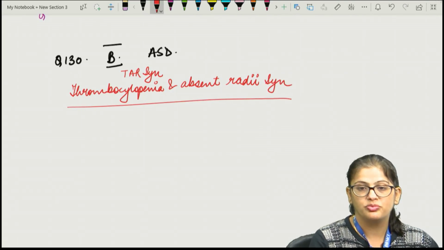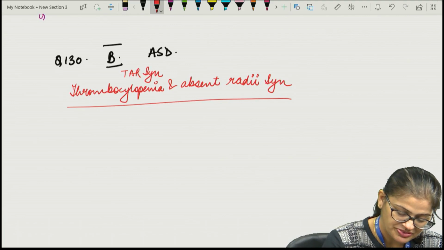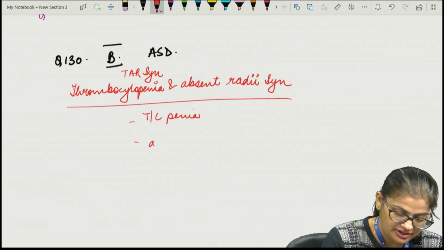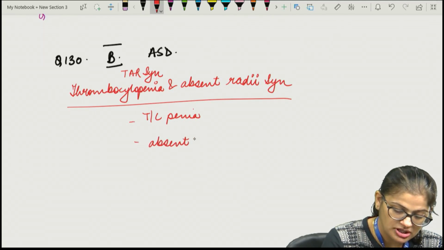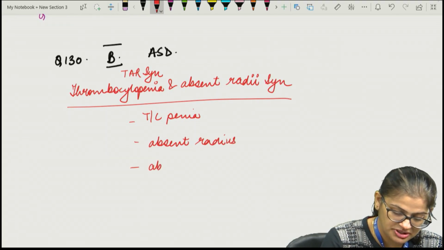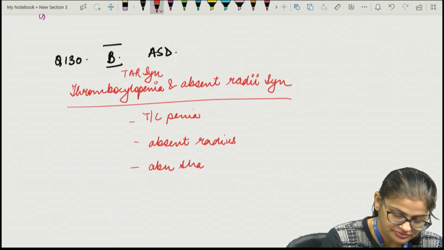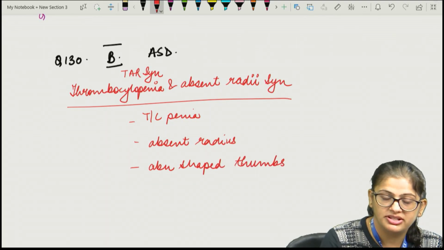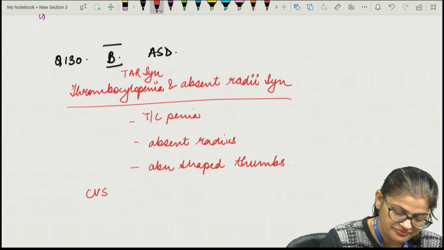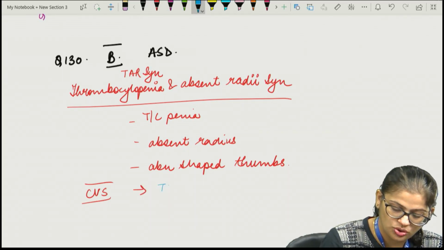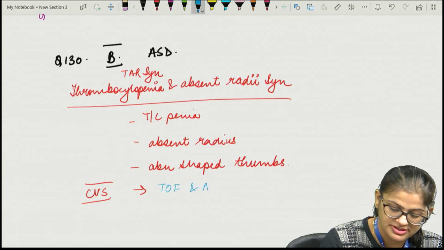So the TAR syndrome is what is seen in this image, which is characterized by thrombocytopenia, absent radii as is evident from the name itself, and abnormal shaped thumbs. And the cardiovascular anomalies associated with this condition can be either tetralogy of Fallot and ASD.